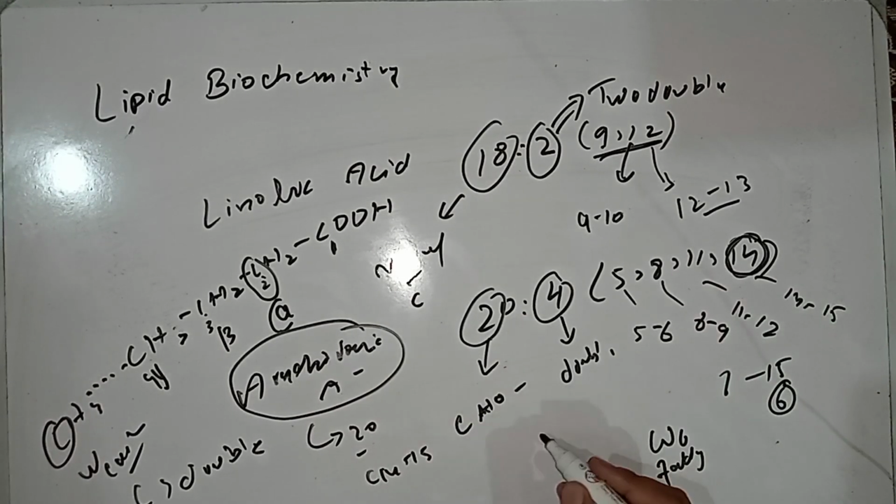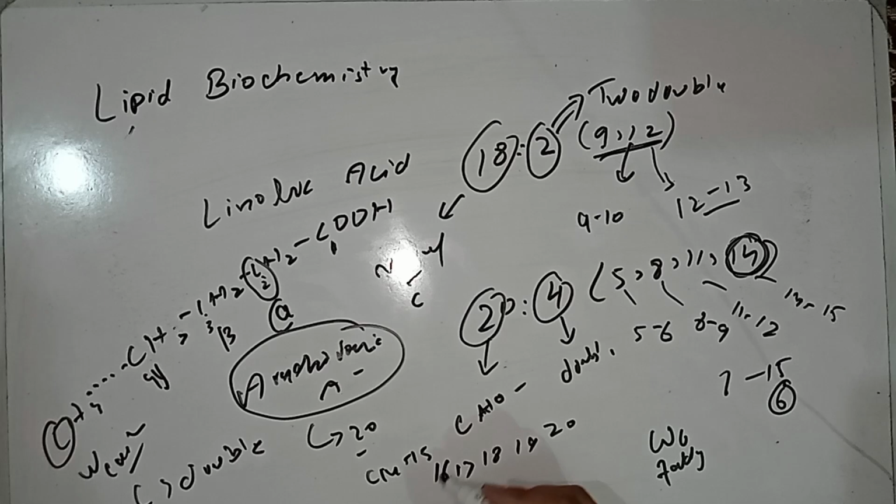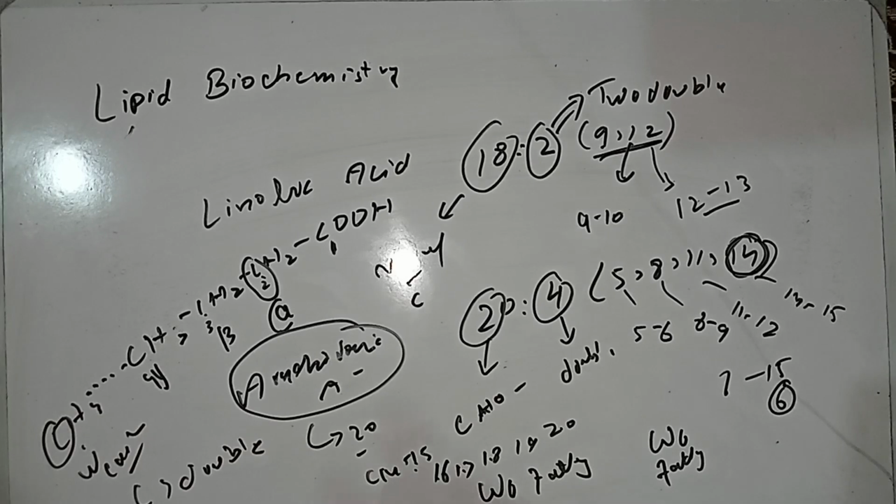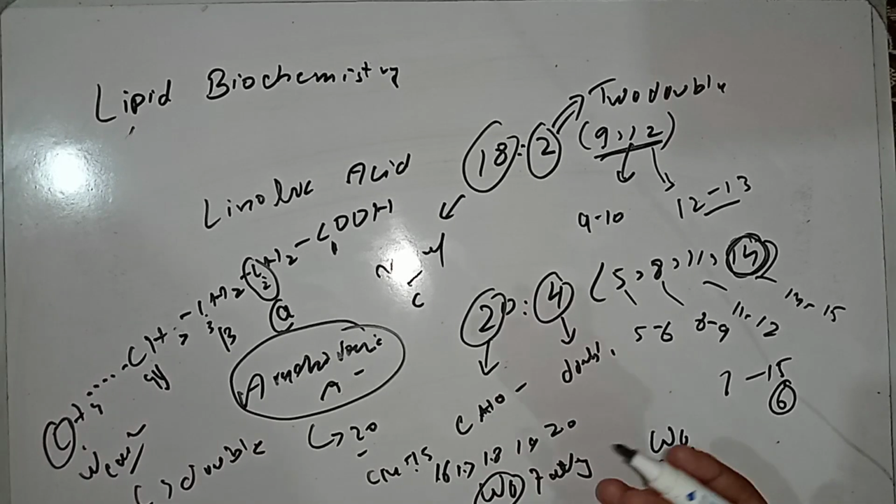From the 20th, if we count 20, 19, 18, 17, 16 and then 15, it comes to 1, 2, 3, 4, 5, 6. So it is an omega 6 fatty acid because from the omega end, its first double bond is at the 6th position.